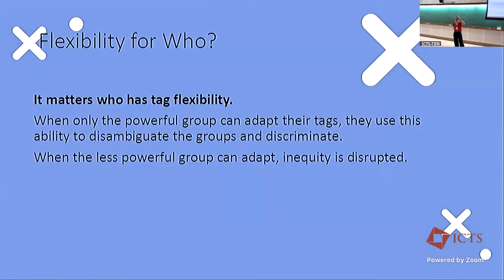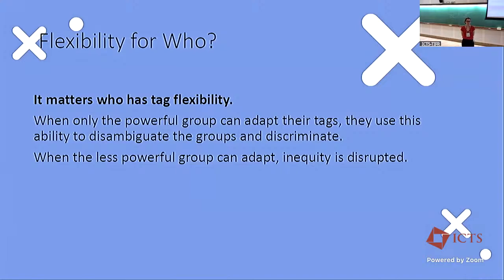Like in some places, the upper class will wear clothes that are very expensive but tattered. And it's a signal that, I've had these clothes forever. And that is something that you can only pick up if you're part of that class, right? And so, yes, you often see the powerful group shaping tags in the right way.